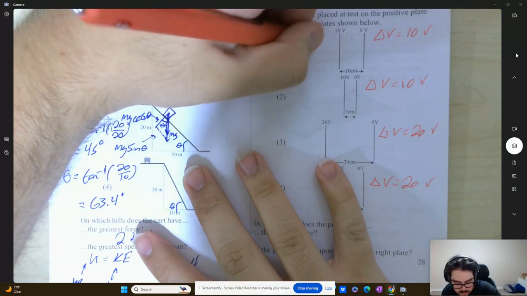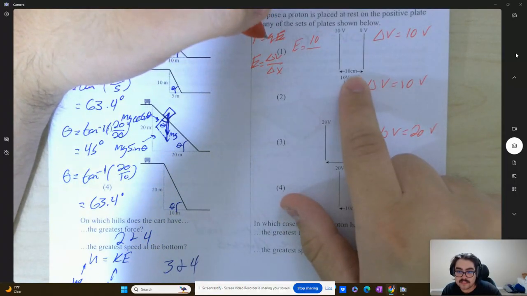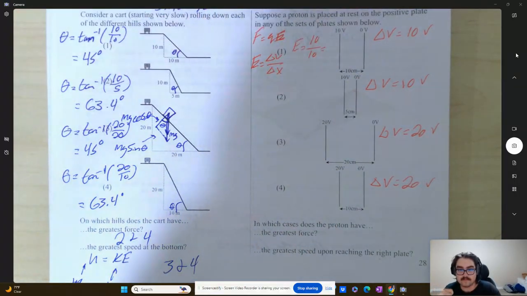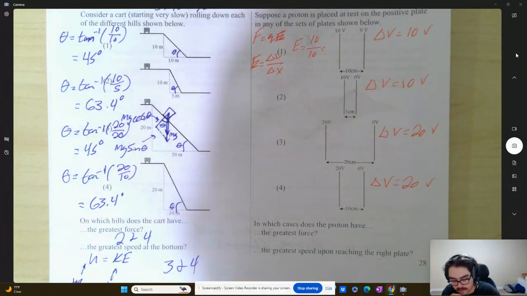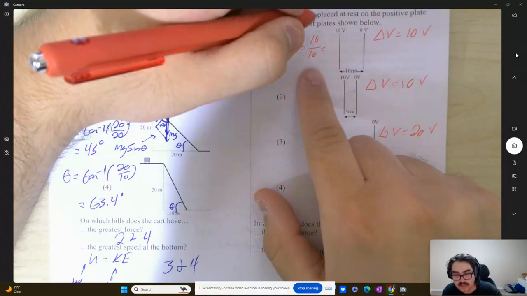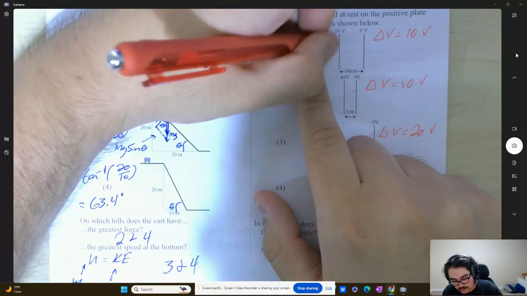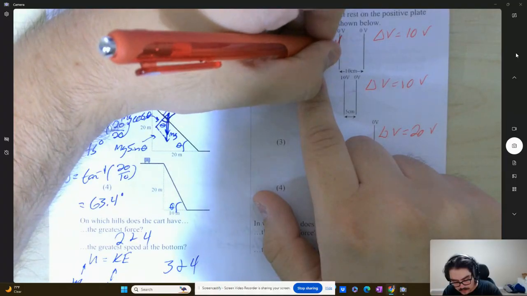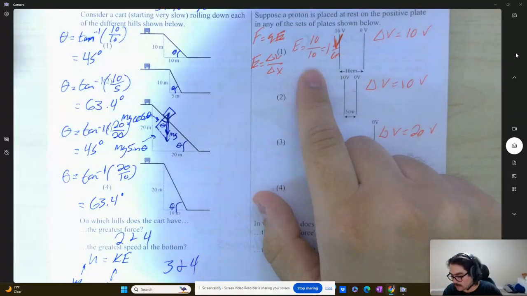So it would be 10 volts over the distance between them, which is 10. I'm going to leave it in centimeters, and it doesn't matter because we can compare it since it's all in the same units. 10 over 10 gives you 1 volt per centimeter.